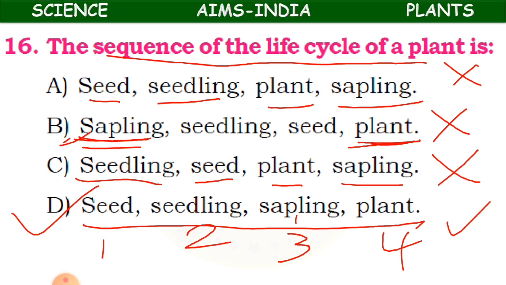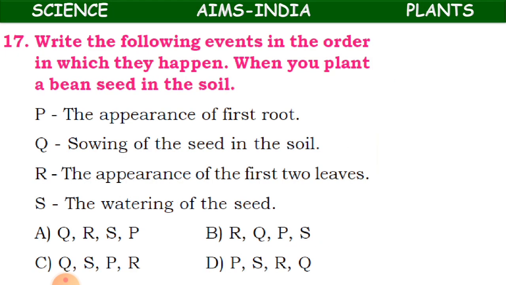Clear, children? Now we'll go to the 17th question. Write the following events in the order in which they happen when you plant a bean seed in the soil. Just now we learnt how the seed becomes a plant, so same like that, the life cycle.